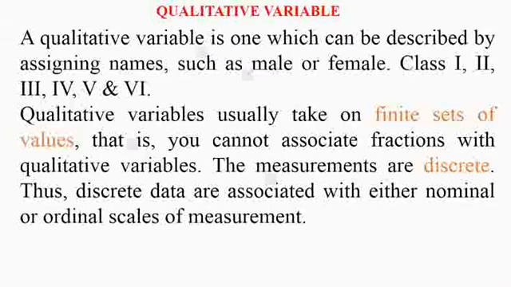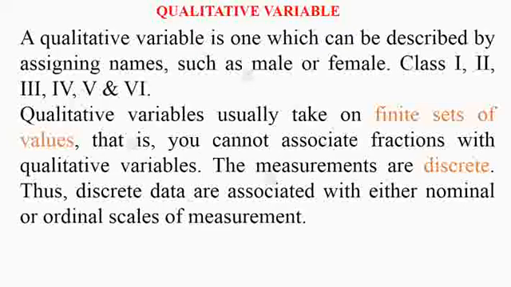That is, you cannot associate fractions with qualitative variables. The measurements are discrete. Being discrete simply means they are separate, they are distinct. Thus, discrete data are associated with either nominal or ordinal scales of measurements.